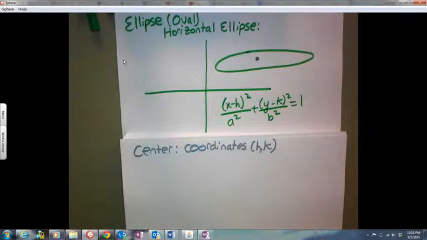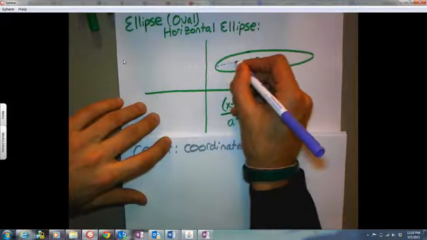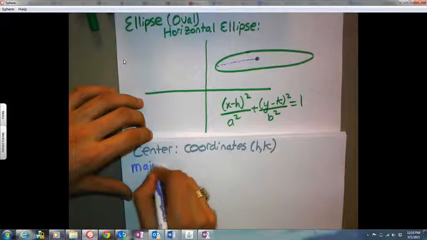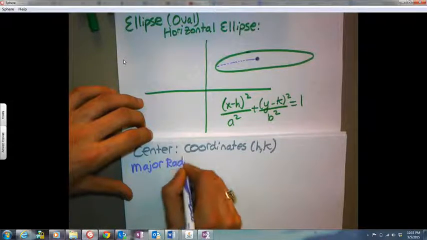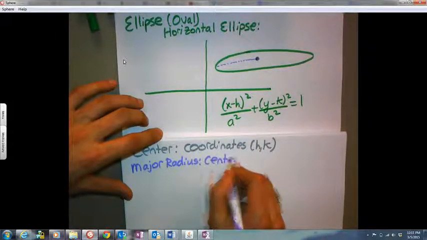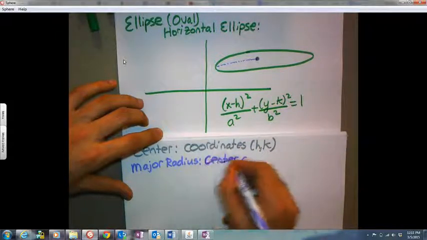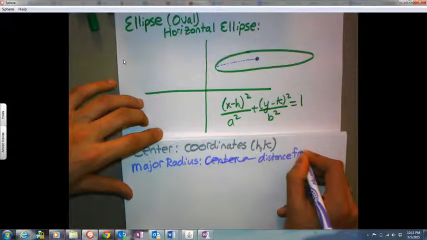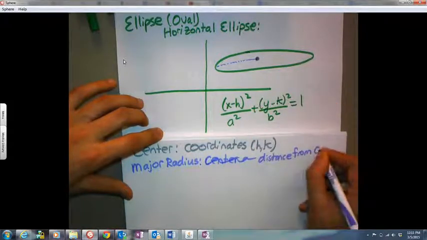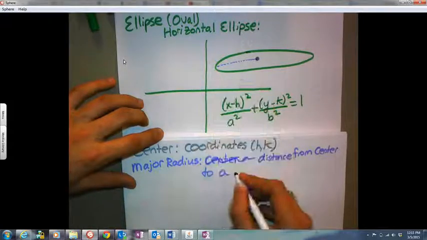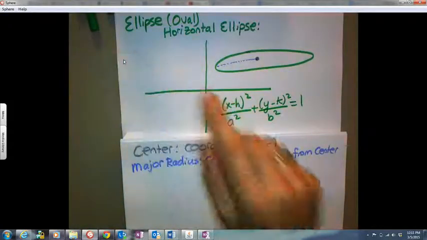The next thing is every ellipse has what we call a major radius, which is the distance from the center to what we call a vertex. This point right here is a vertex.